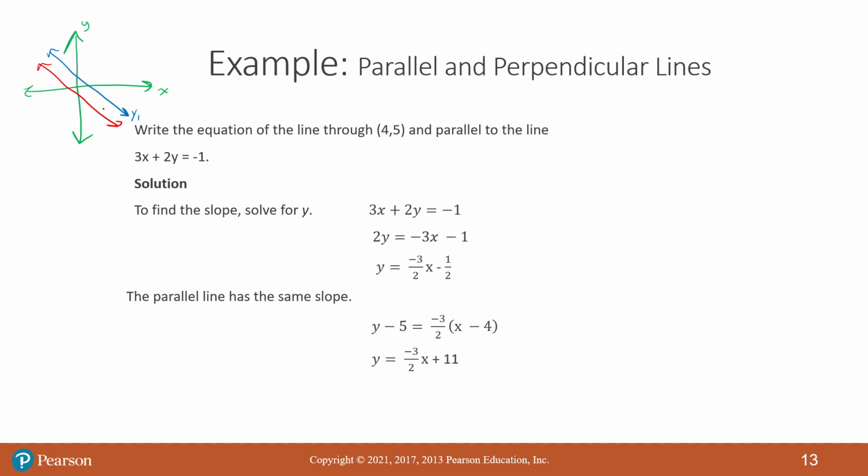If y1 and y2 are parallel, they look like this. You see how they're right next to each other, but they never run into each other. Those are parallel lines. As you can tell, they both go in the same direction, so they have the same slope. So keep that in mind.